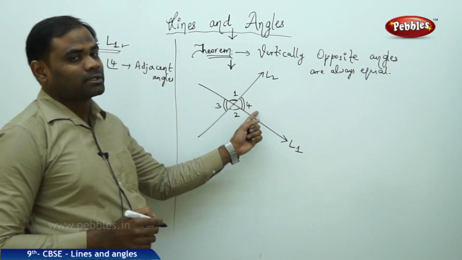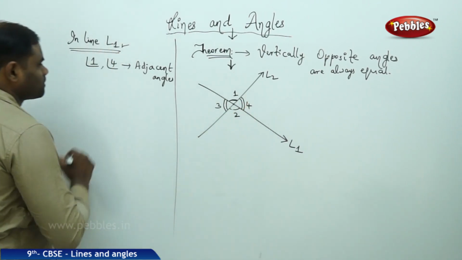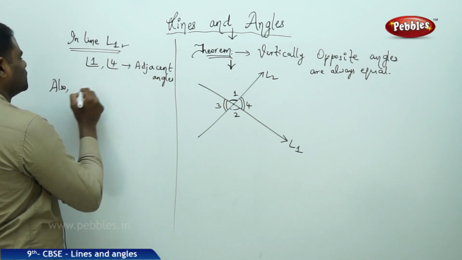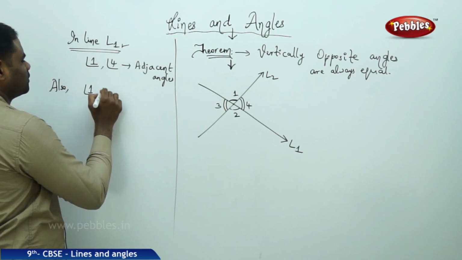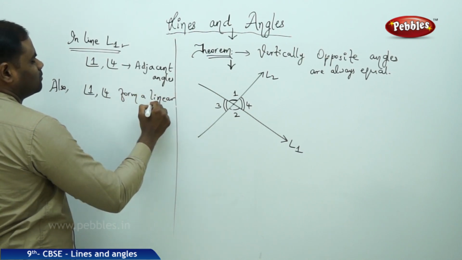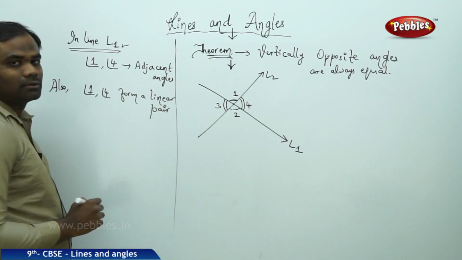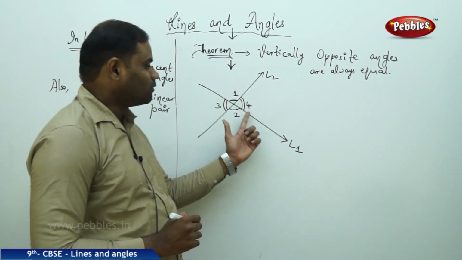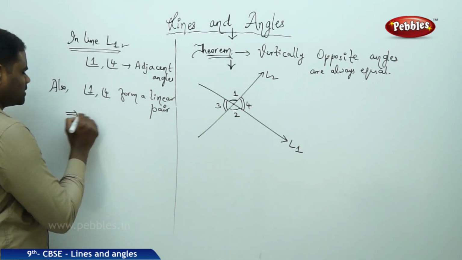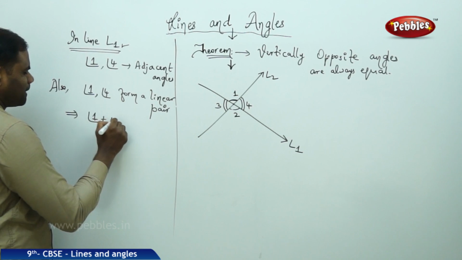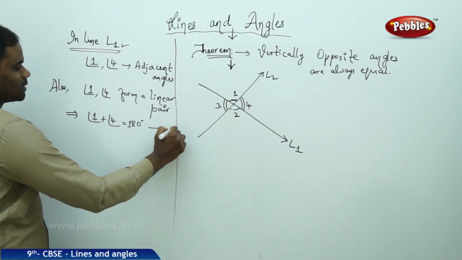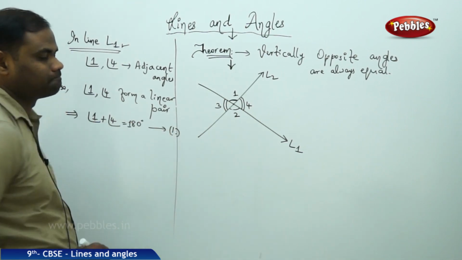Not only that they are adjacent, but they form a linear pair. They form a linear pair and therefore 1 plus 4 must be equal to 180 degrees. That implies angle 1 plus angle 4 equals 180 degrees, which is how I get the linear property.